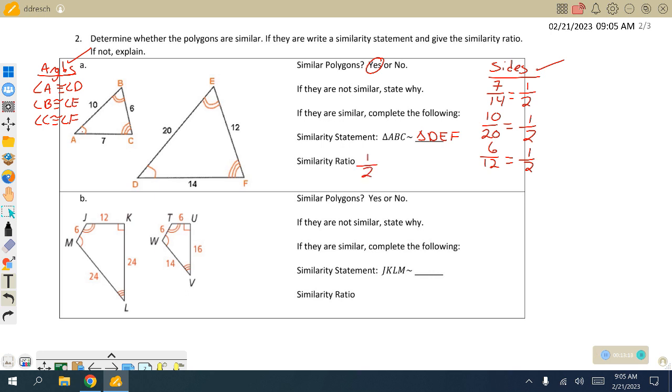So however the statement's written is usually how the ratio is written as well. Because ABC was first, that's how that ratio will go. That's about as crazy as it gets. If you can match up those sides and angles, then you're good to go. If anything failed, tell me what failed, and then don't write the statement, don't write the ratio. You can only do those two things if you're similar.